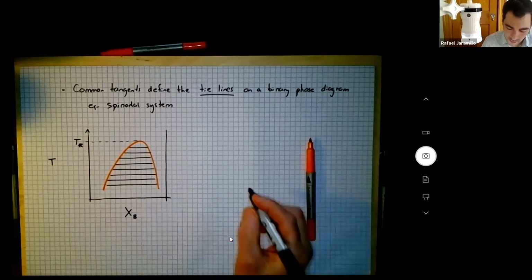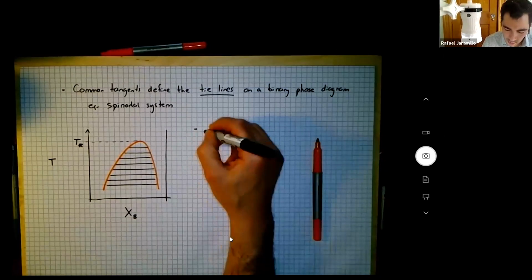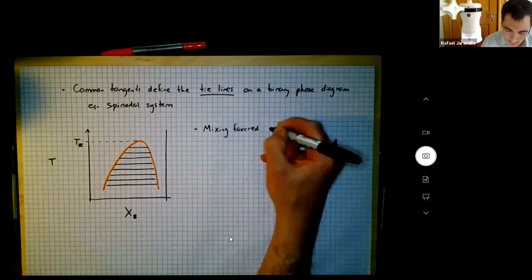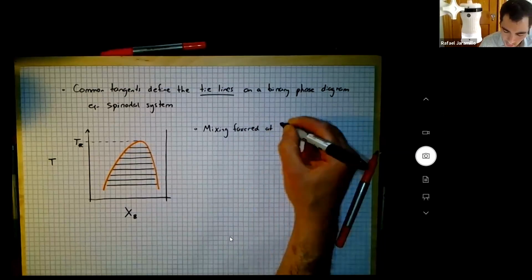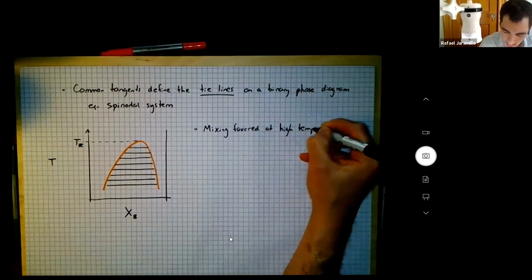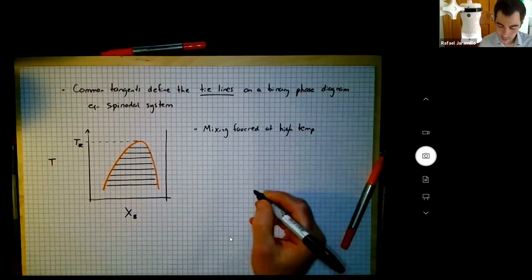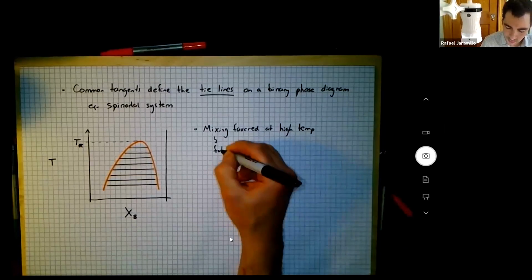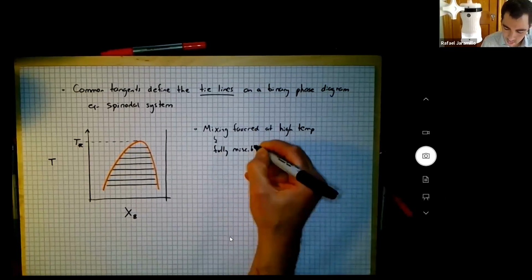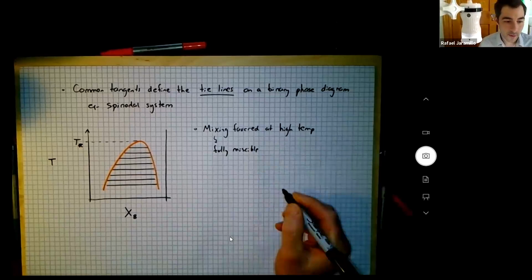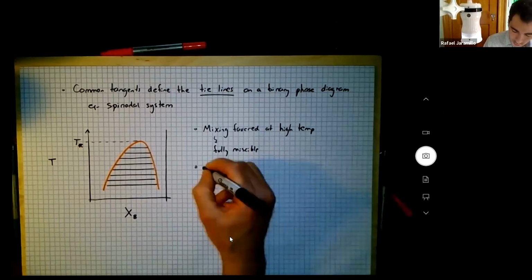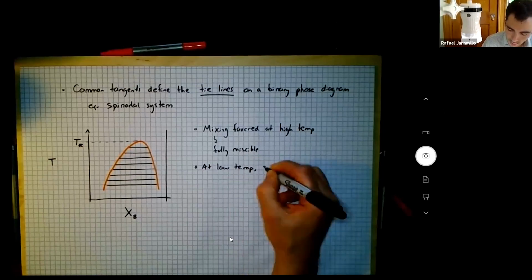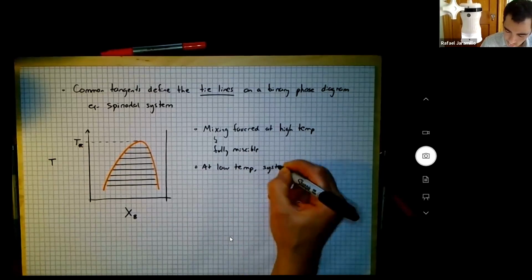So in a system like this, mixing is favored at high temp, right? In fact, it's fully miscible at high temp, right? At low temp, the system spontaneously unmixes.